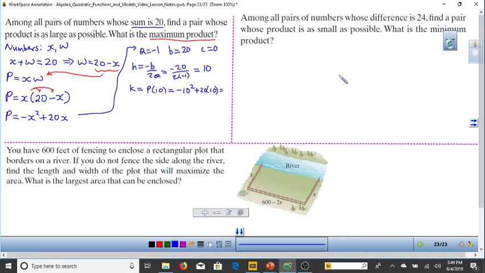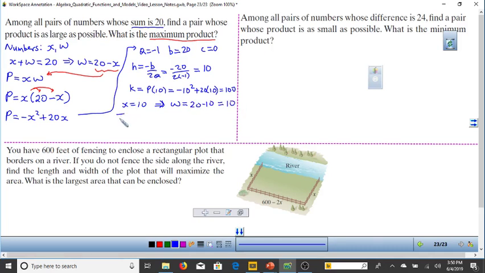So what does that tell me? One number has to be 10, and the other number has to be 10. So x is equal to 10, which means w has to be 20 minus 10, which is 10.